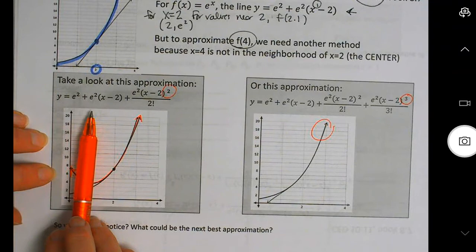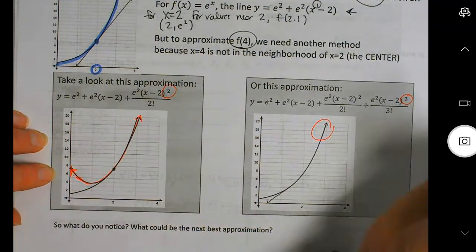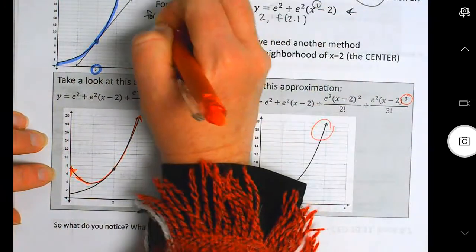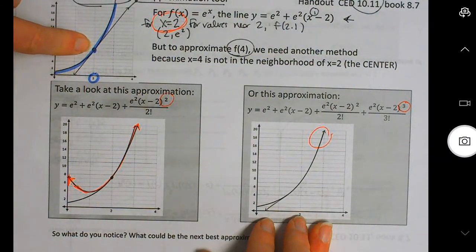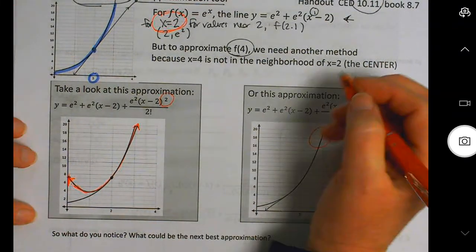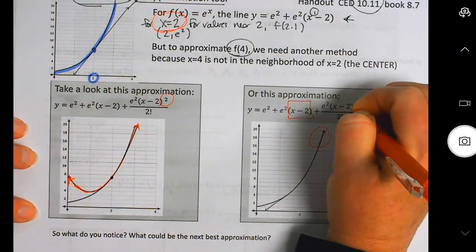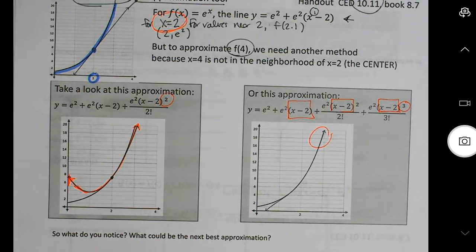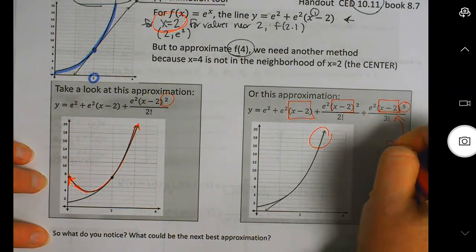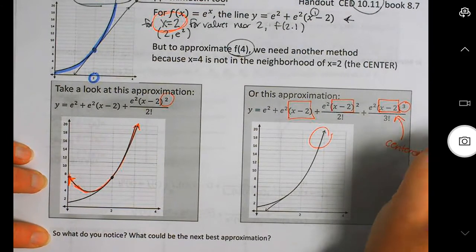I want you to notice that since x equals 2 was our first tangent line, all of these values have this x minus 2 in them, because 2 is where we started our original problem, and we're going to call that our center. So this is centered around 2.